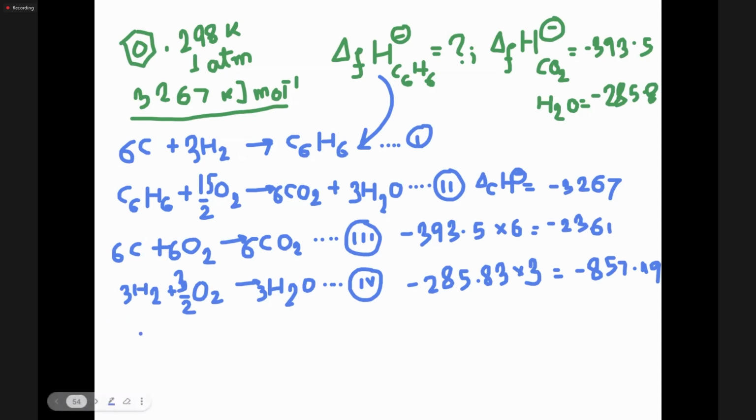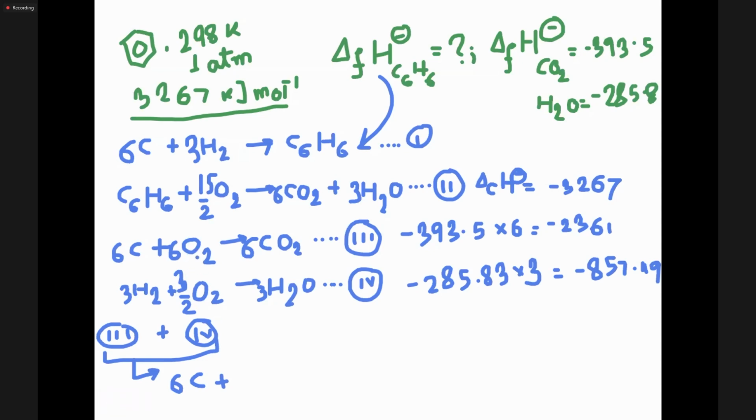So now we will simply try to add this. What happens if we add equation 3 and equation 4? If we add equation 3 and equation 4, we will have the equation 6 carbon plus, now you see over here the oxygen terms are common.